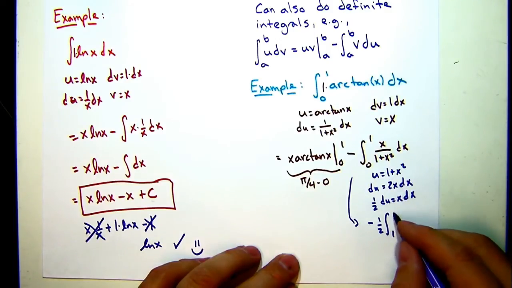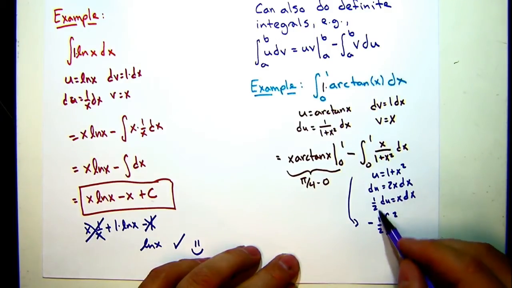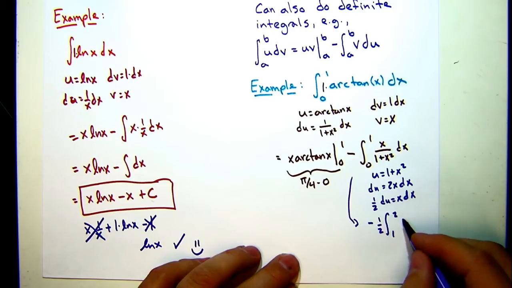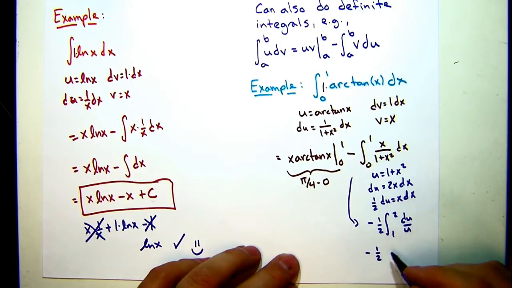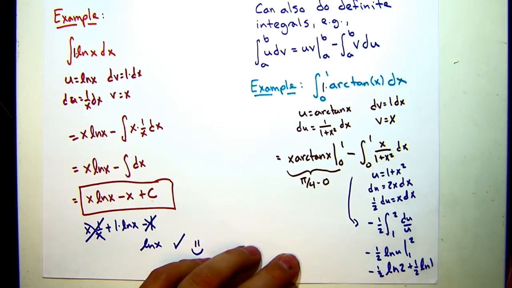They used to be 0 to 1. They'll now become 1 to 2. And that 1/2 came from the 1/2 du, so it's du over u. So that's minus 1/2 log u from 1 to 2, which is minus 1/2 log 2, and then minus minus plus 1/2 log 1.